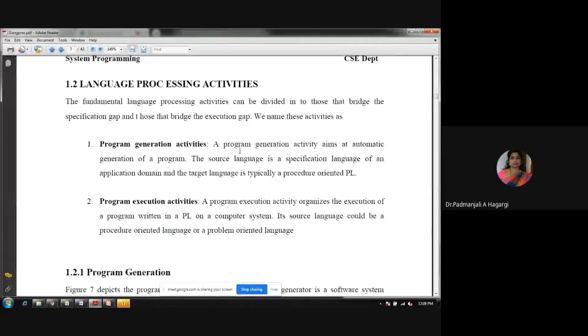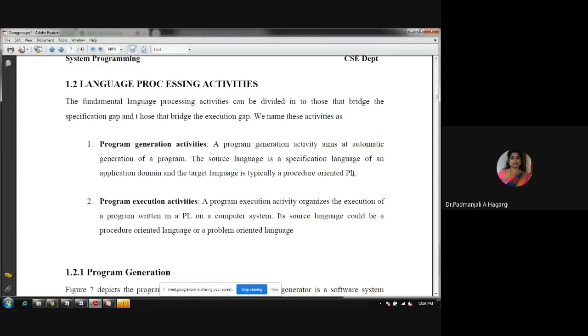The program generation activity aims at automatic generation of the program, and the source language is the specification language of the application domain, and the target language is typically a procedure oriented programming language. The target language is nothing but the machine language, and that machine language, whatever is generated in the computer system or needs memory, is called the procedure oriented language.